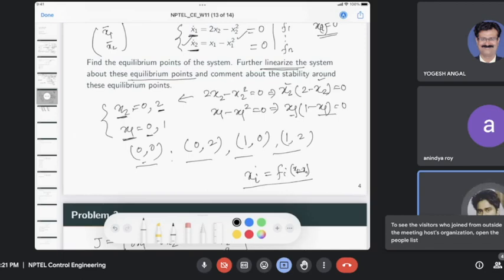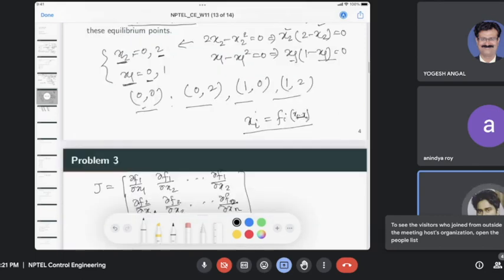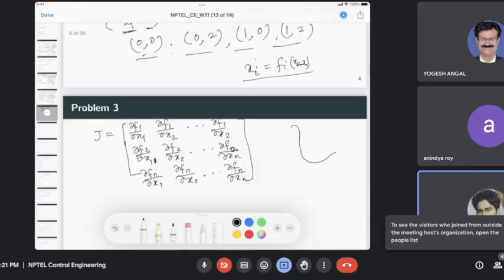So we want to analyze the system around this equilibrium point. For example, if there is some nonlinear curve like this and we want to find a linear approximation, it's not possible to find one for the whole curve.